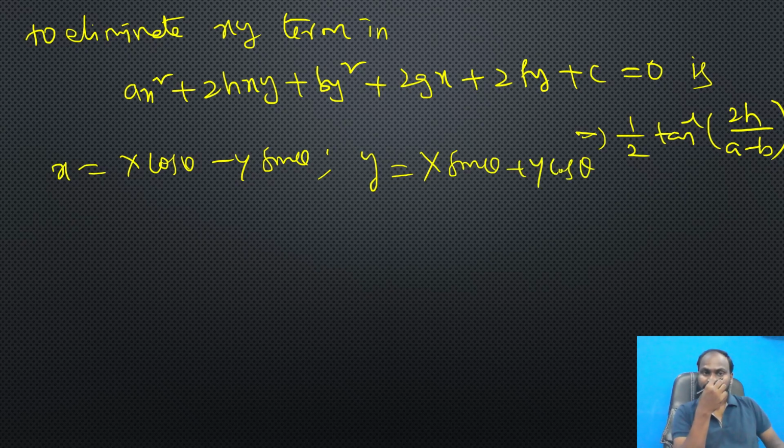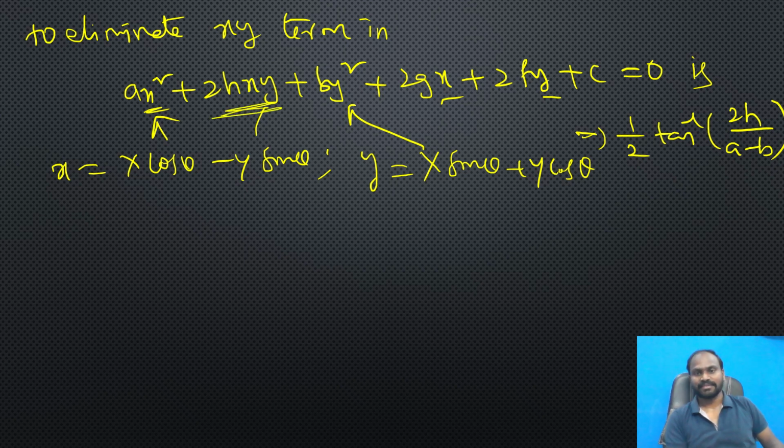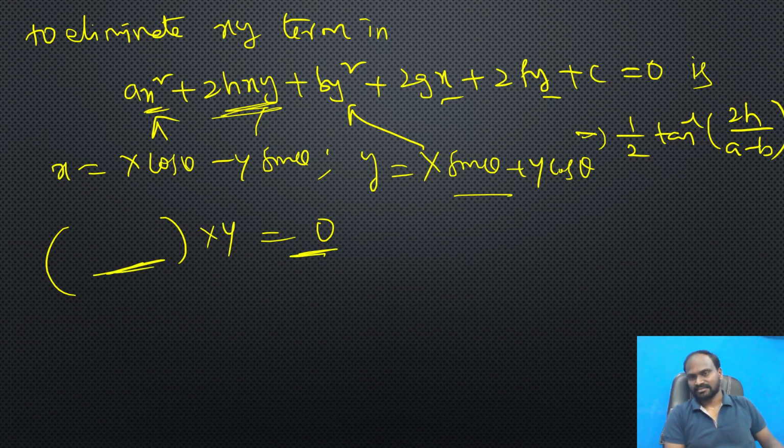Since it is rotation, of course we are going to substitute everything here, x here and y here. But here we have to eliminate the xy term. Wherever you get the xy term, you equate that coefficient to 0 and simplify, and you will get this.